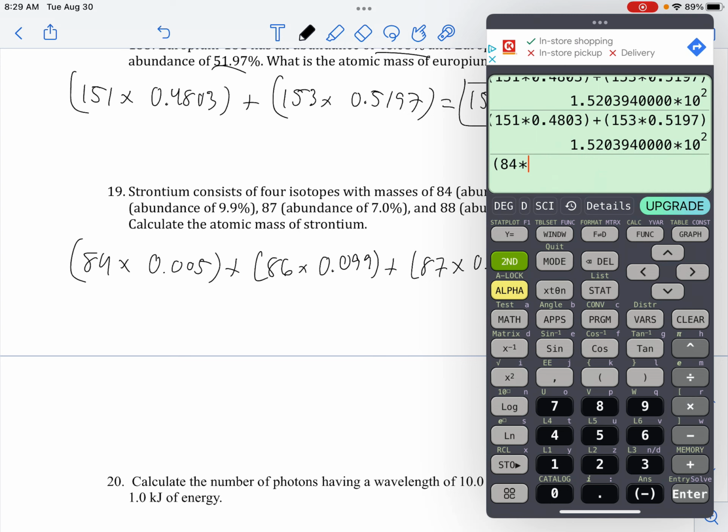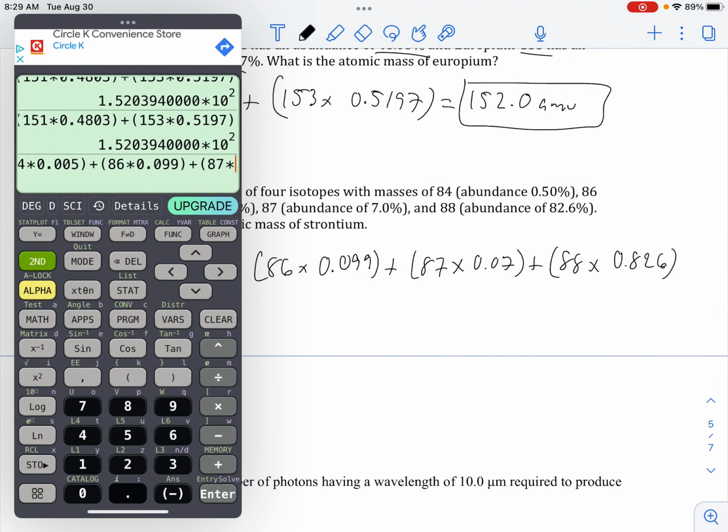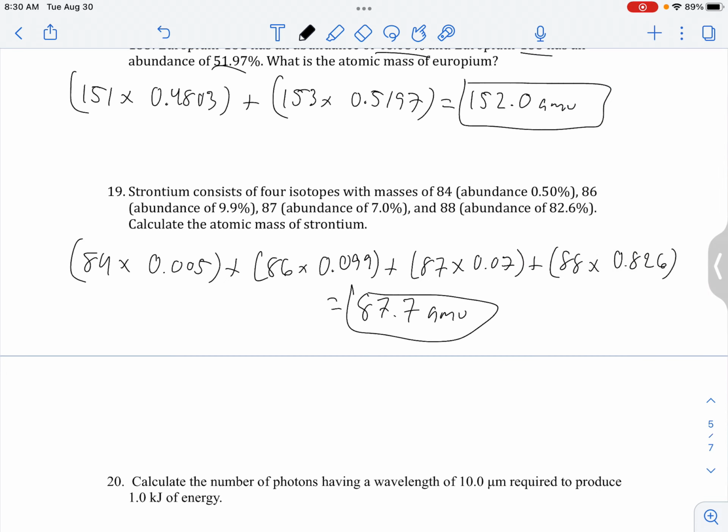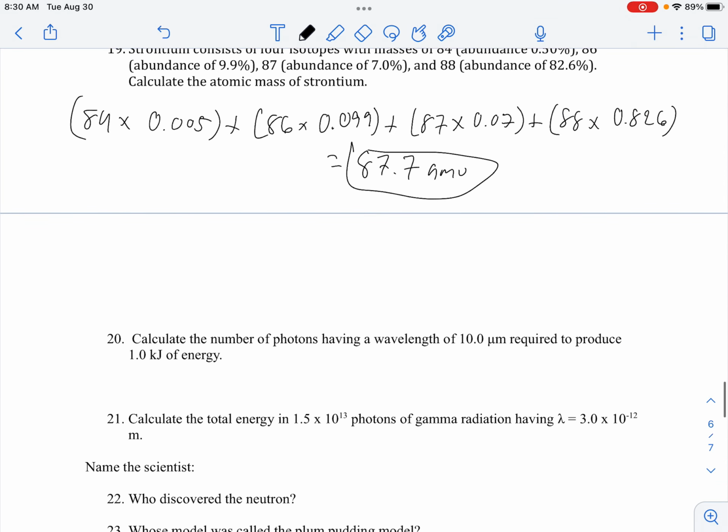So long guy, 84 times 0.005 added to 86 times 0.099 added to 87 times 0.07 added to 88 times 0.826. That's going to be equal to 87.7 AMUs. Okay. And notice, if it's not even close to any of these numbers, you might have done something wrong.